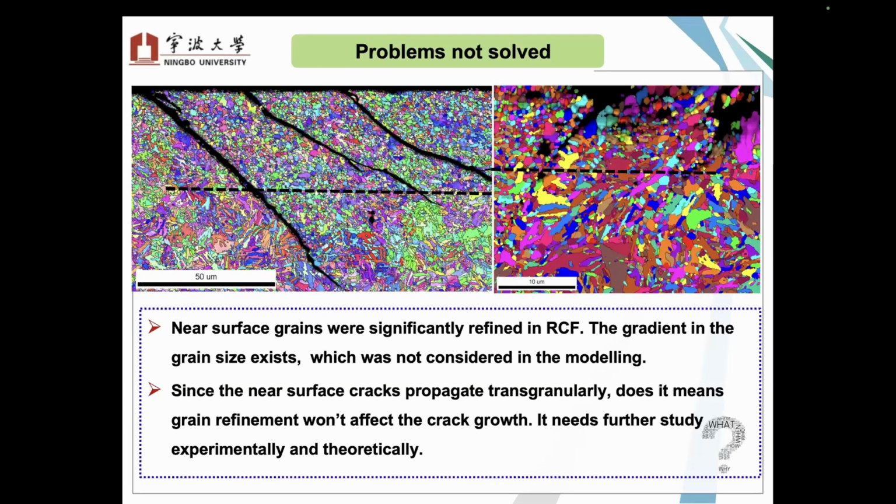So one question is: since cracks near the surface grow transgranularly, is it necessary for bearing materials to refine the microstructure? Even if you refine it, cracks grow inside the grains. That's the question we have still not resolved.